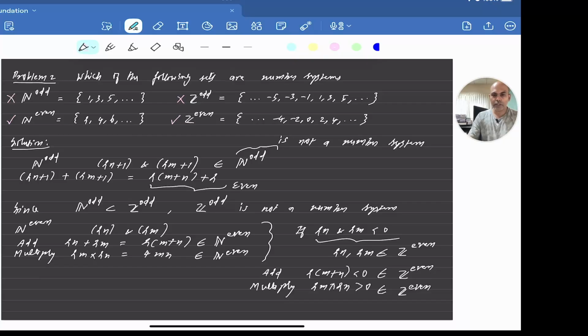So is there a number system that is even larger than the set of real numbers?